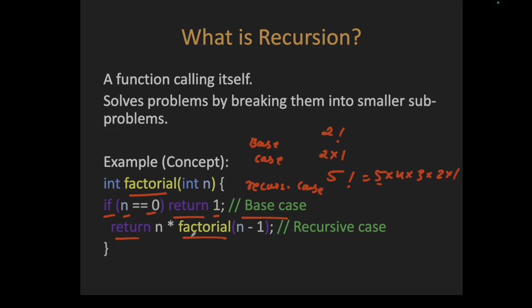You may not know how this exactly works. For example, you can see here factorial is the function and the factorial is calling the function itself. Now look at this. When I print 5 factorial, that means every time what I'm doing is subtracting 1 from the previous value, right?